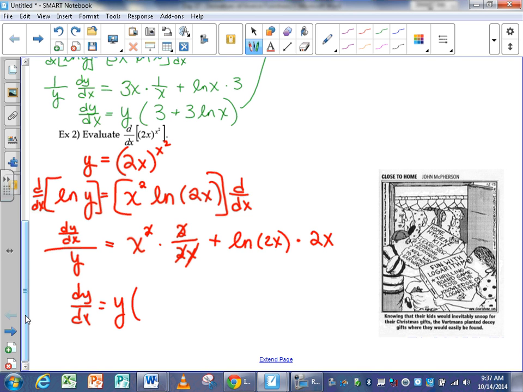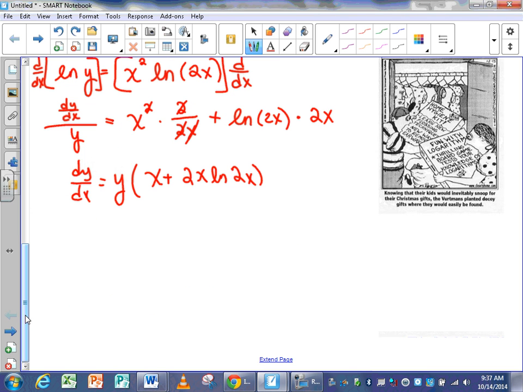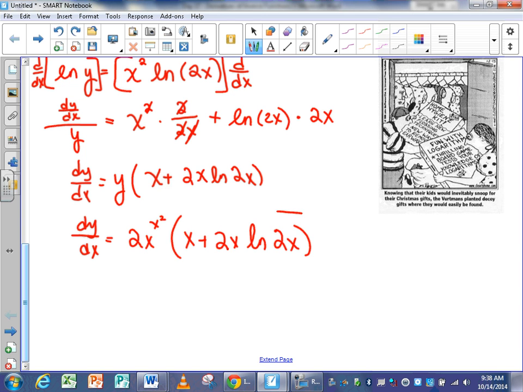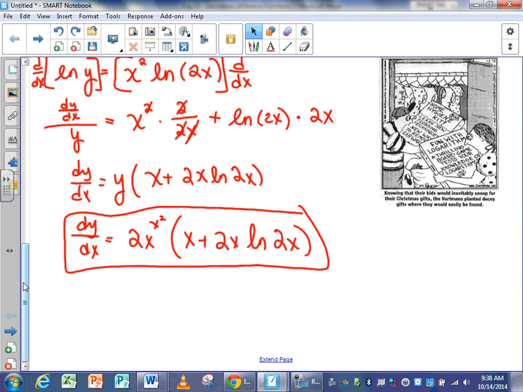So this is really just x plus 2x ln 2x, which, long story short, becomes dy dx equals, what was y? 2x to the x squared times x plus 2x ln 2x. And that, my friends, is logarithmic differentiation.